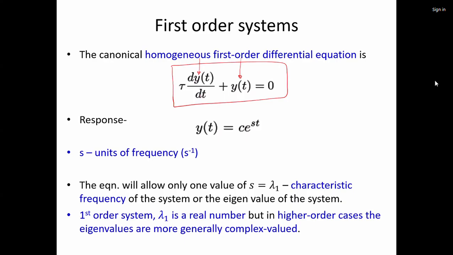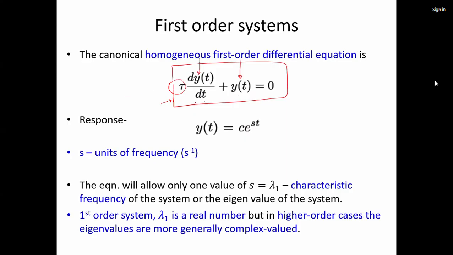If you do an energy balance for a thermocouple, the final equation will come to this form. Here tau is the time constant of the system, this is the rate of change of y with time, and this is y that is equal to 0. So this is the typical first order equation.